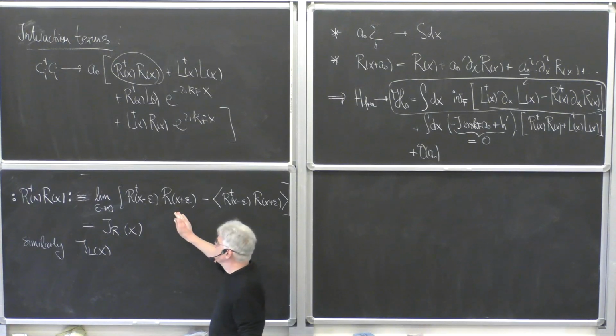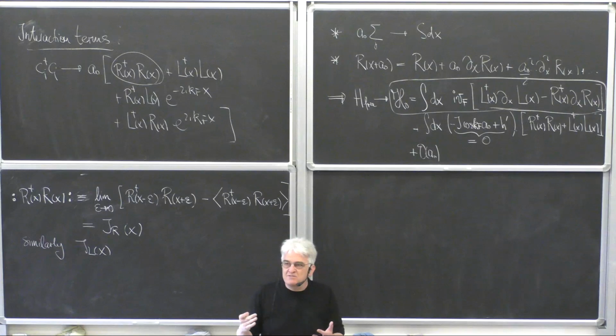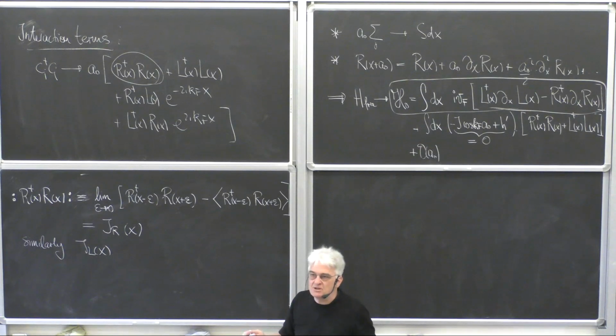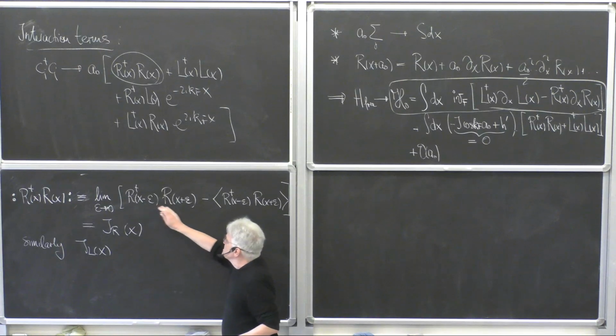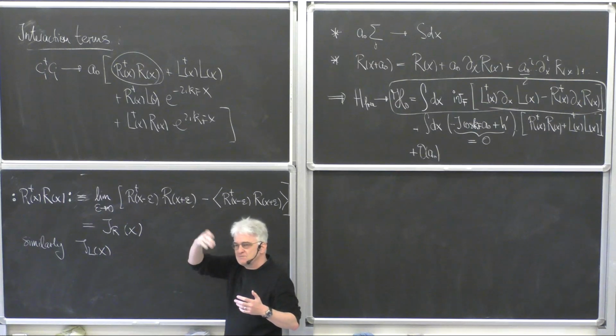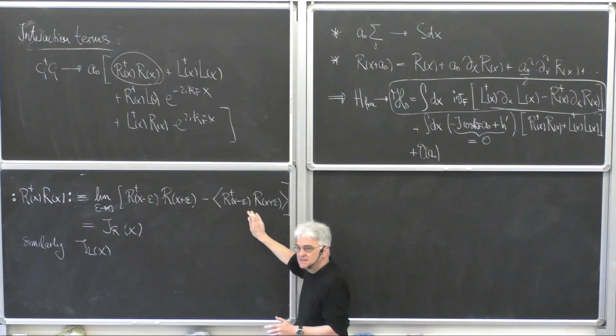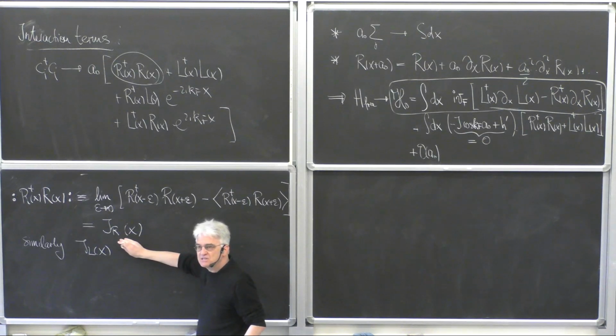When you point split, you get something which is well defined but depends on the regulator epsilon. In other words, the operator product has a divergent piece, like 1 over epsilon times the identity, which I subtract. The non-trivial part of the operator is what remains, and this is what I'm interested in.